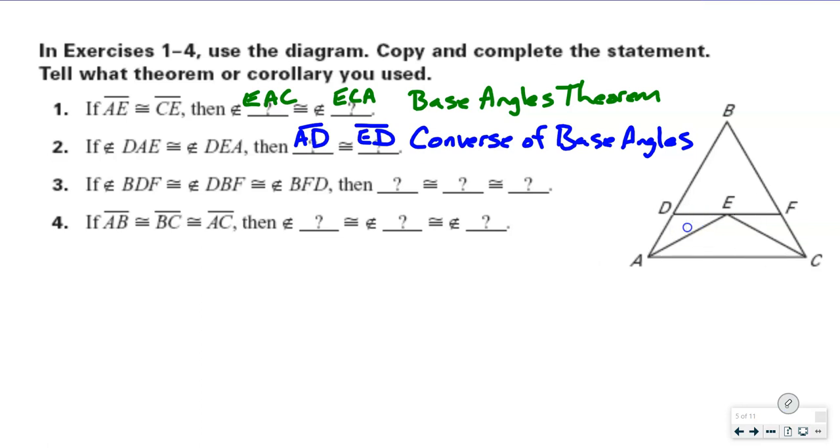Okay, looking at number 3. We see if angle BDF, that would be that angle, is congruent to DBF, that angle, and congruent to BFD, that angle, then we can say that all 3 of those sides are congruent. Side DB congruent to side BF, congruent to side FD.